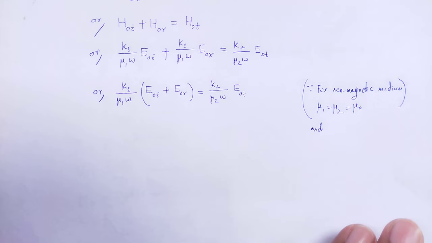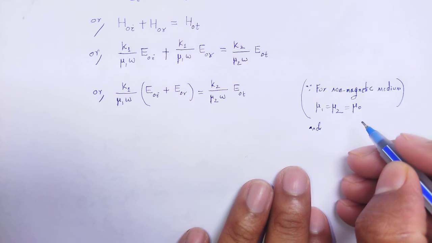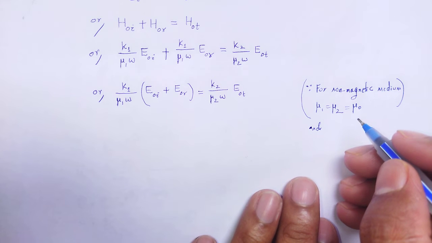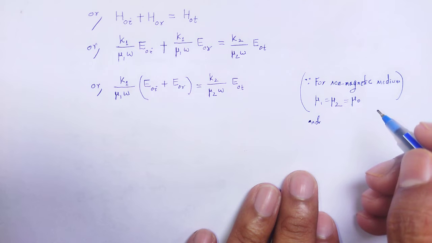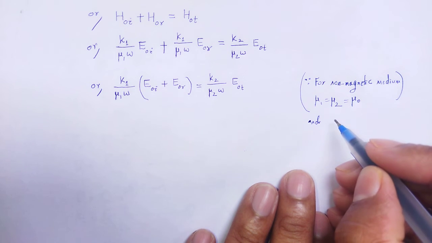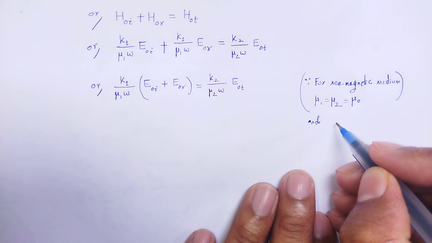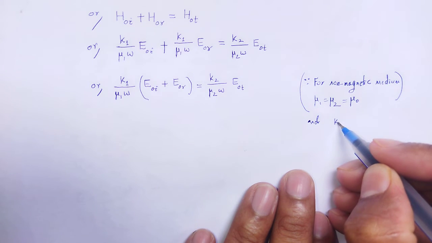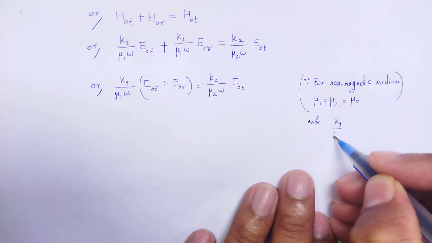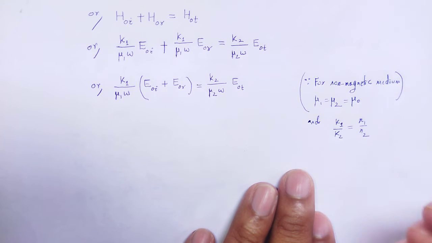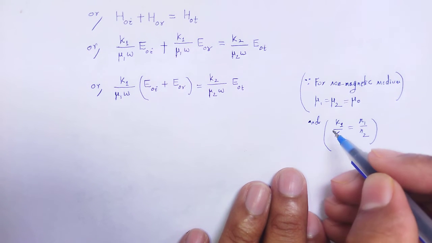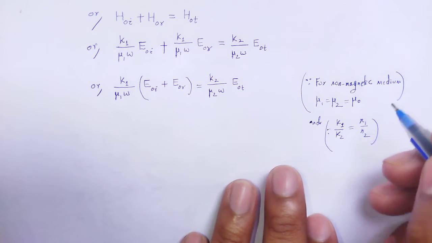Again that equation is established in the section when the electromagnetic wave is propagating through a conducting medium, as K1 divided by K2 is equal to N1 divided by N2. These relations are used.